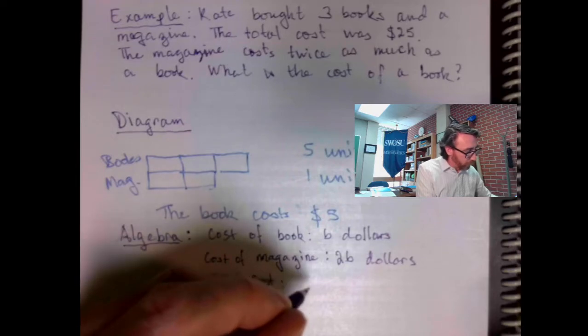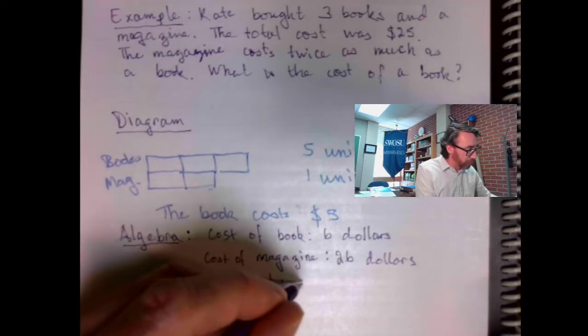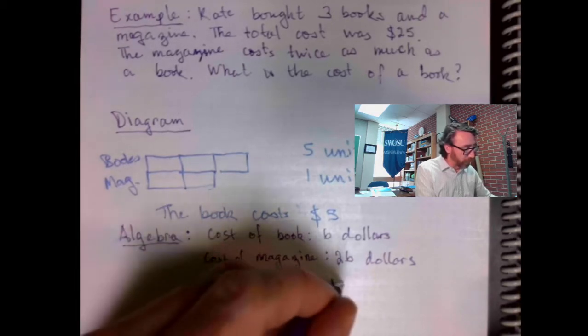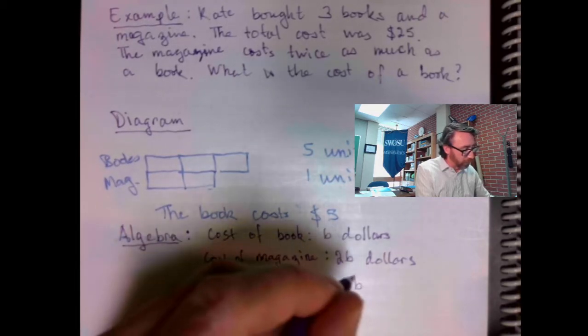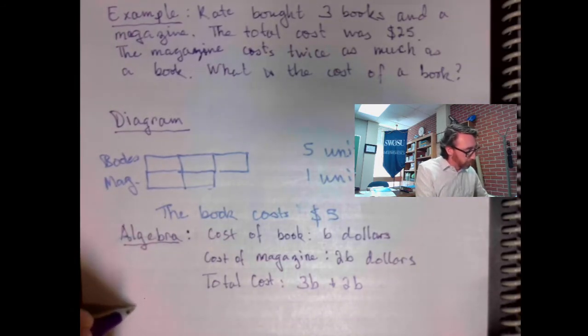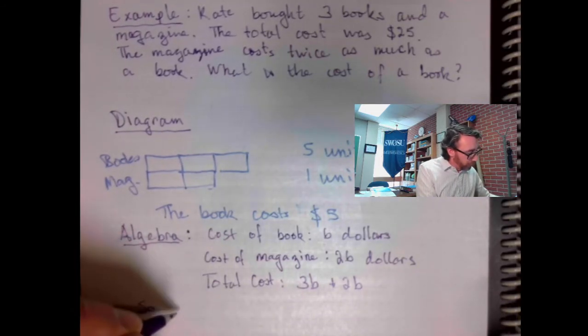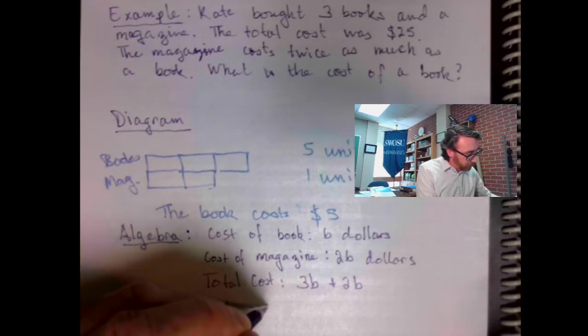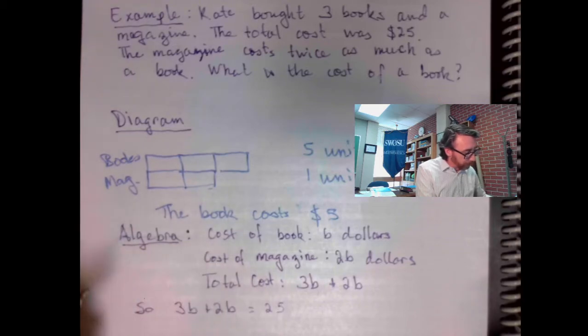So the total cost for Kate, well, she bought 3 books, which would cost a total of 3B, plus a magazine, which is 2B. So we have this equation here, 3B plus 2B equals $25.